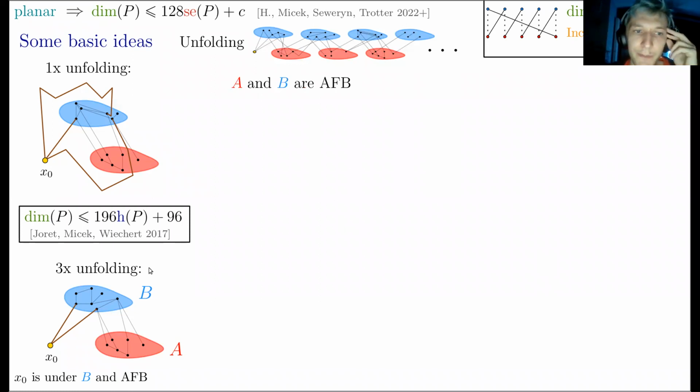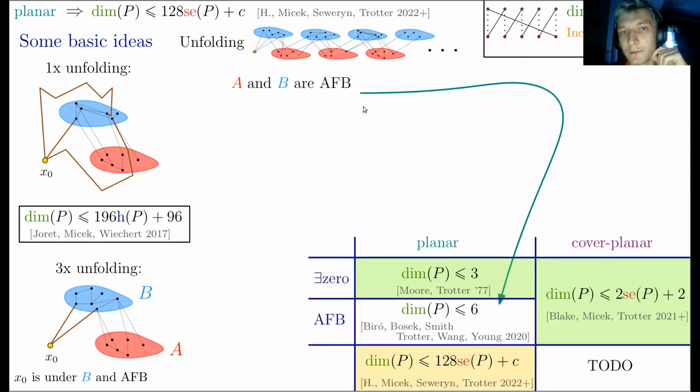Now A and B are themselves accessible from below, and we can use this result as a black box. So dimension is bounded here, so we don't care. We only focus on pairs which are between A and B. It's possible that large dimension is in either A or B, but actually it's not possible because of this result. So only pairs between A and B are the problem.